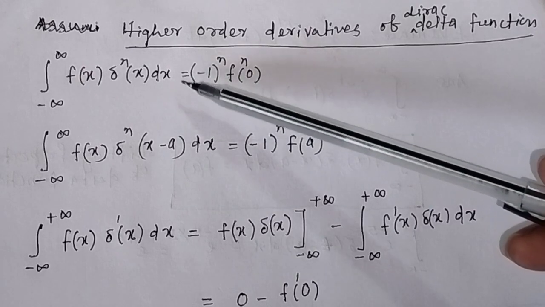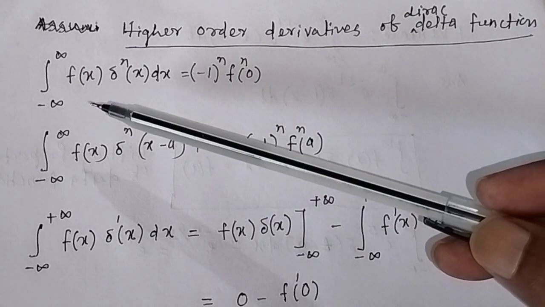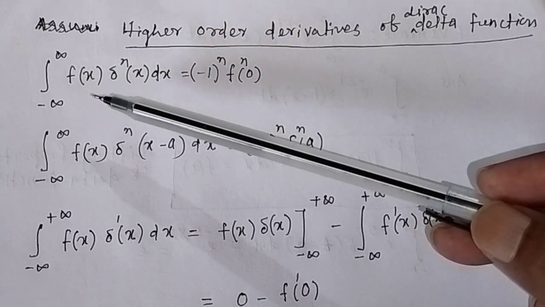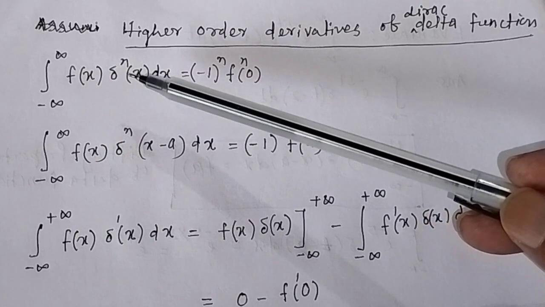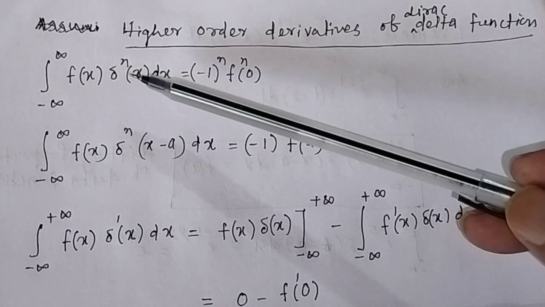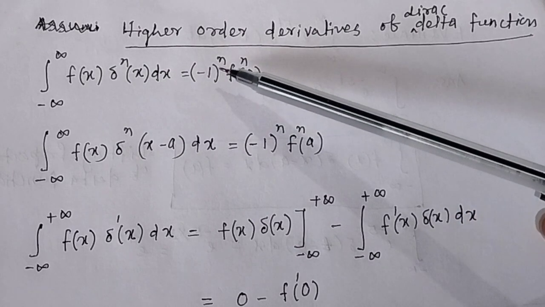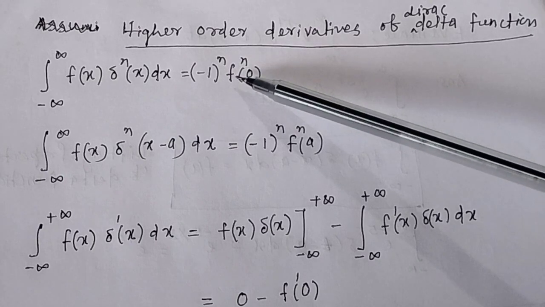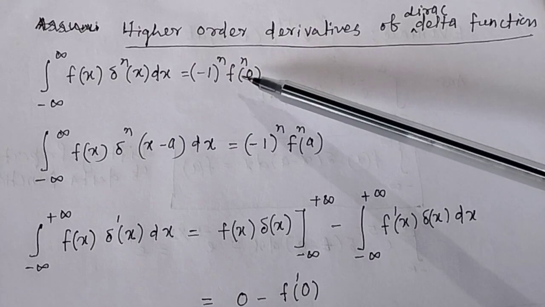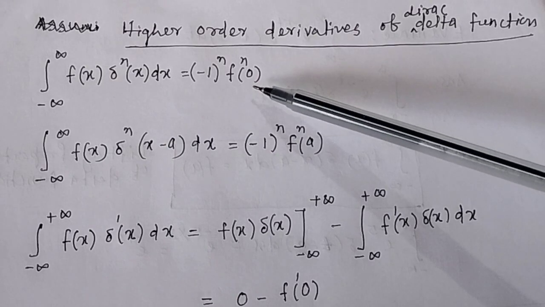You remember these two formulas. Integration from minus infinity to plus infinity of f(x) times the nth derivative of delta, dx, is equal to minus 1 whole to the power n times the nth derivative of the function at x equal to 0.